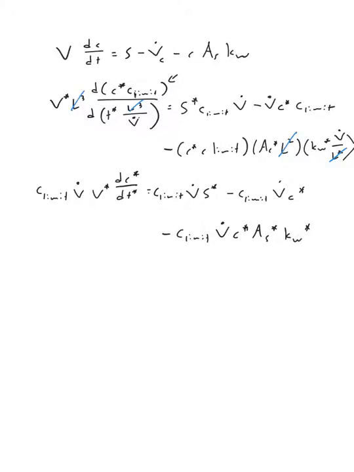What a coincidence. It's not a coincidence. This happens because of the way we set up the rules and went through the algorithm to non-dimensionalize everything. That's why that happens. We cancel all that out, and we get V star dC star dt star is equal to S star minus C star minus C star AS star KW star.